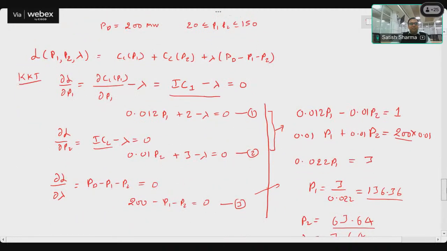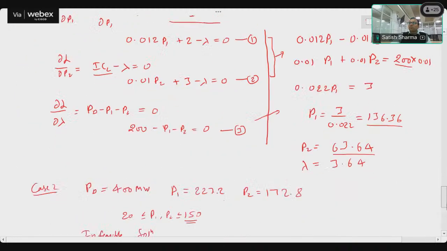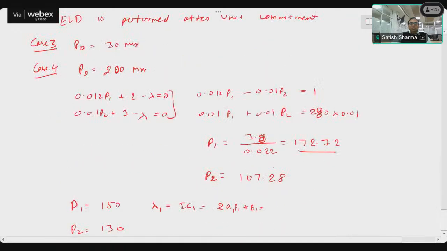If we put the values, it is 0.012 P1 plus 2. So you can put the values: 0.012, and P1 is 150, plus 2. You can calculate this value: 0.012 into 150 plus 2 is 3.8. So this value is basically 3.8.